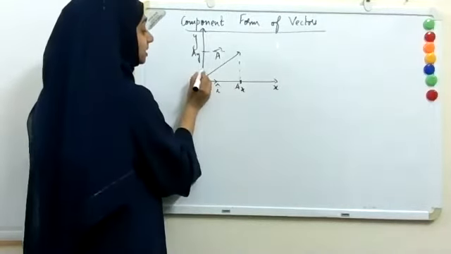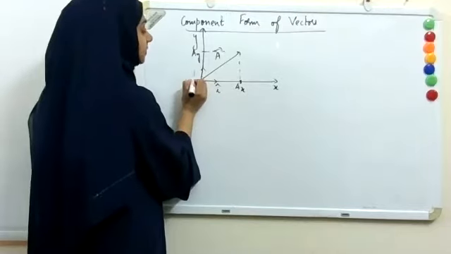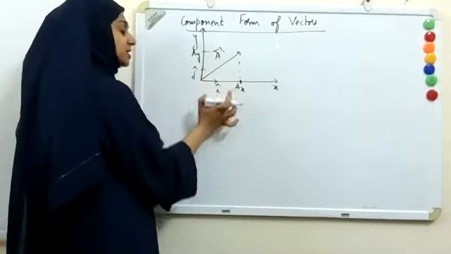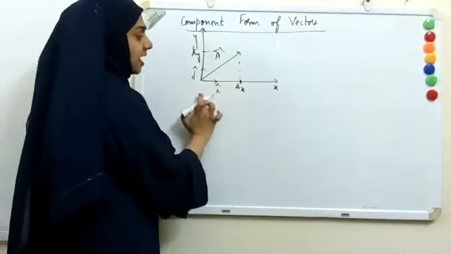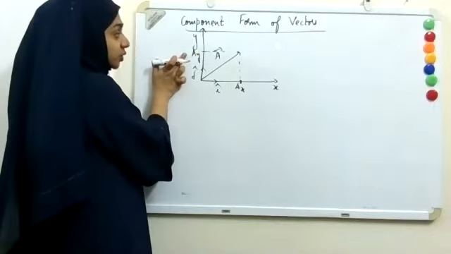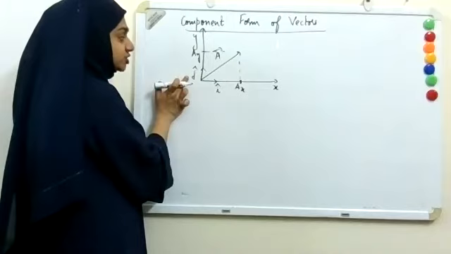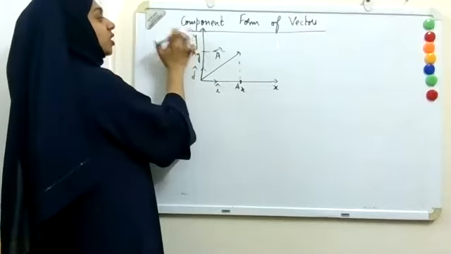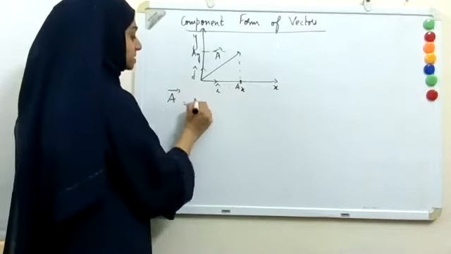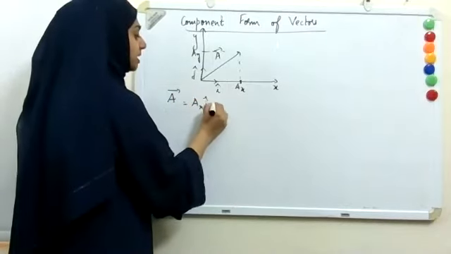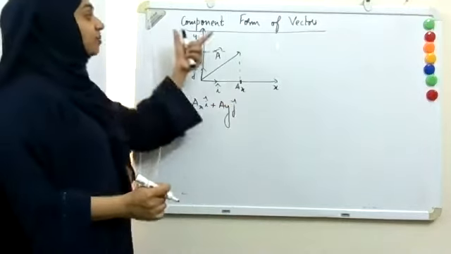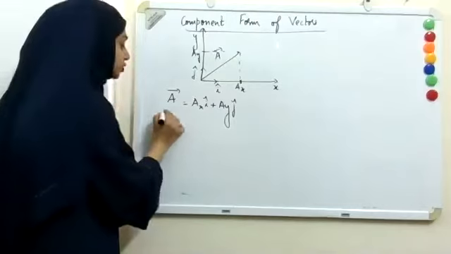Along the y direction, j cap. So you can represent the magnitude ax and unit vector i as the component along the x direction, and the magnitude ay and unit vector j as the component along the y direction. So vector A can be expressed as ax i plus ay j. This is the component form of vectors in two dimensions.